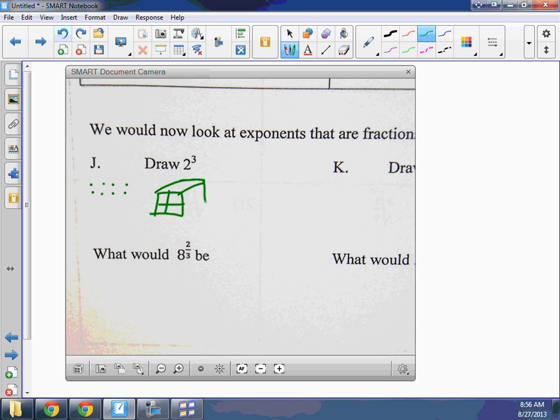So draw whichever picture you prefer. It doesn't matter. Okay? And remember, inside this 2 to the 3rd, we have 3 2's, 3 doublings. And I'll circle them. So the first 2 is there. I take those 2 and I double it. Then I take that double and I double it again.